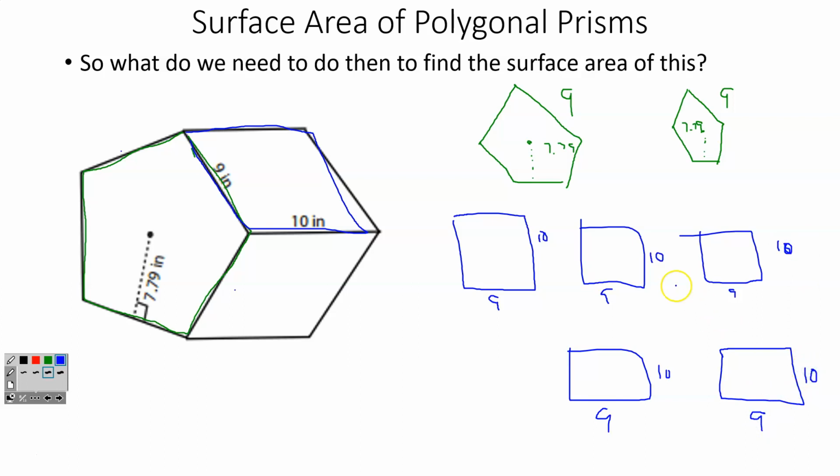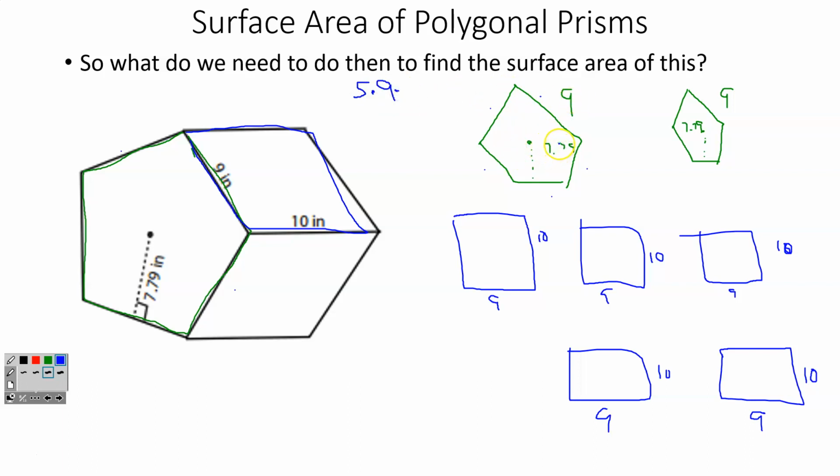So let's start figuring out our areas for each one of these faces. We just learned with a polygonal prism that we can do the number of sides, 1, 2, 3, 4, 5, times the side length, which is 9, times the apothem.